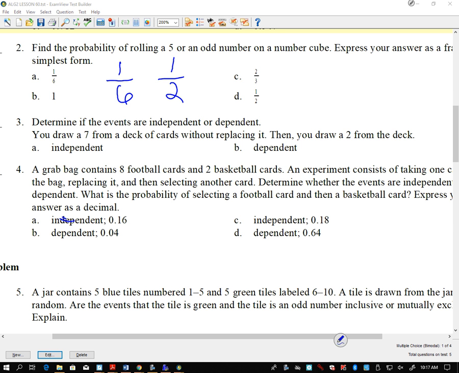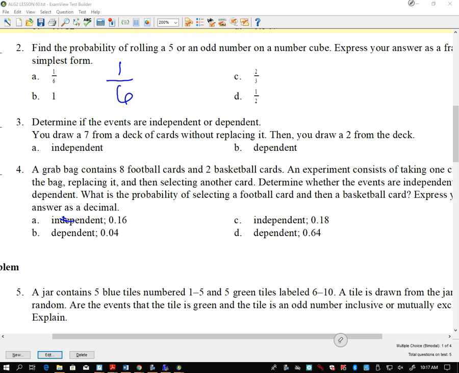So notice that it says or. My question is, do you get to include 5 in the second set? Because it said or. Well, yeah, you would have to.